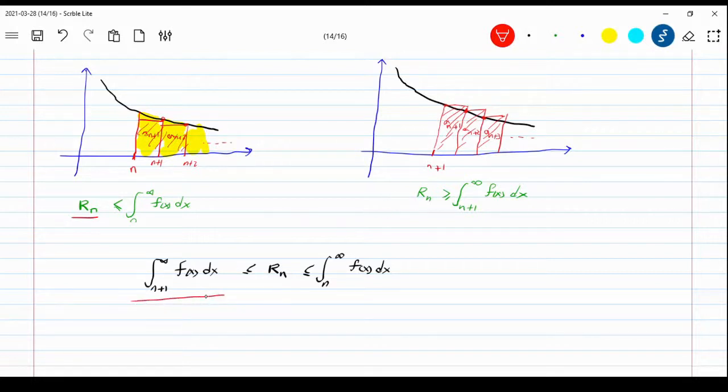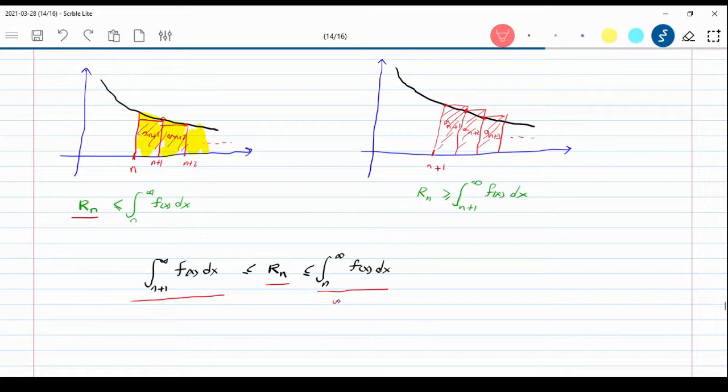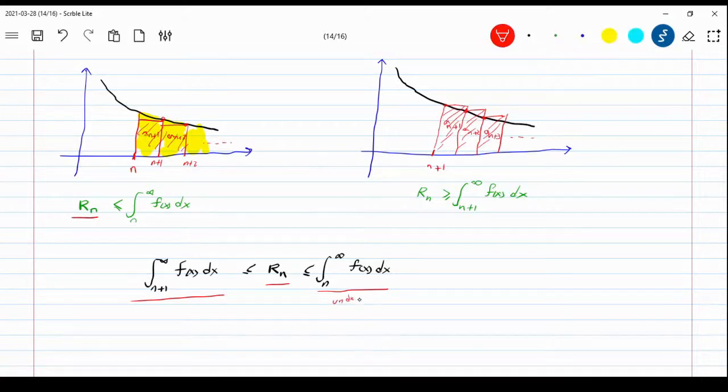So basically I can say the integral of f of x dx from n plus 1 to infinity is less than or equal to R_n, and R_n is less than or equal to the integral from n to infinity. So that left point or right point tells you the overestimate or underestimate. This one is an underestimate, and here was an overestimate.